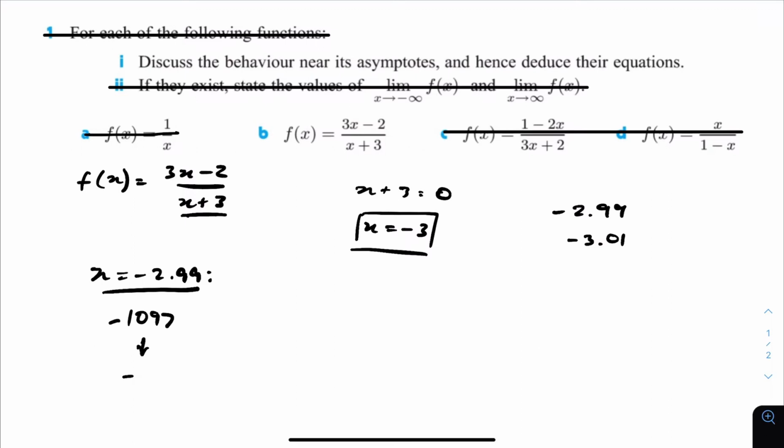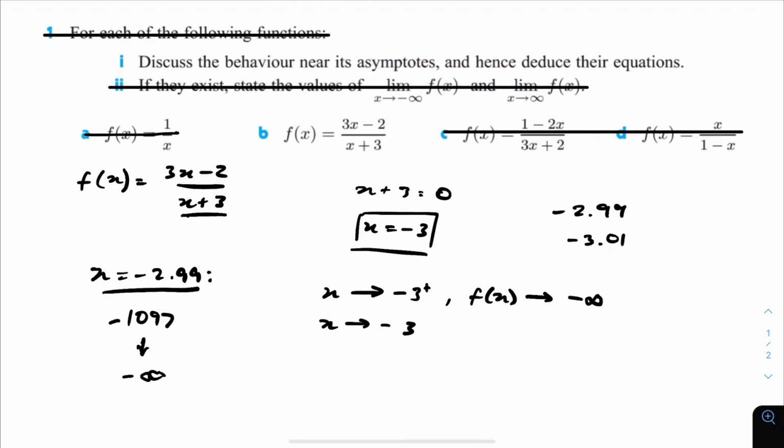So essentially what we can say is, as x tends to negative 3 from the positive side, negative 3 plus, because negative 2.99 is more positive than negative 3, we get f of x tending towards negative infinity.